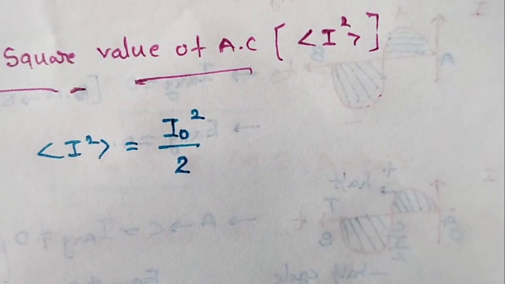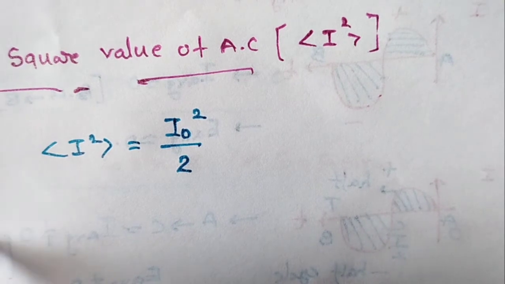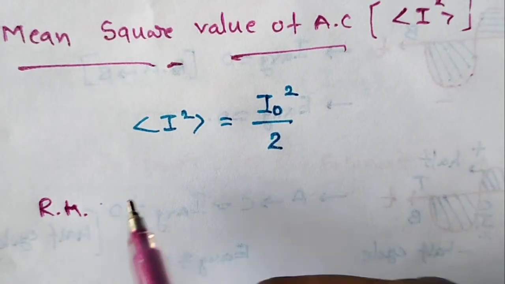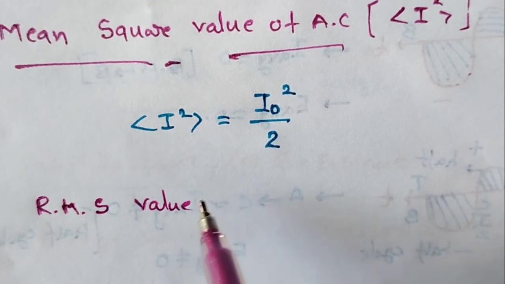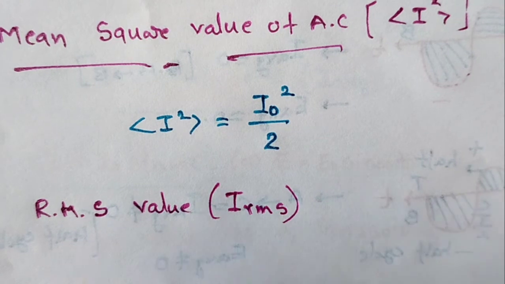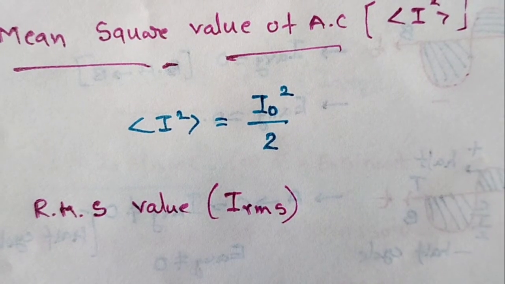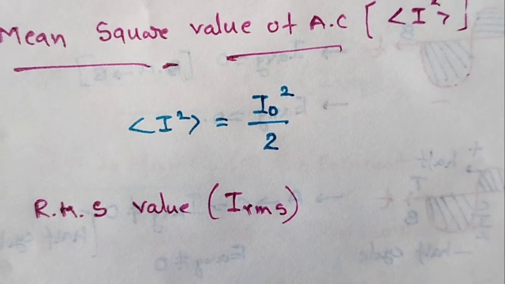And RMS value. RMS value or effective value. Sometimes it is called effective value or virtual value of AC.